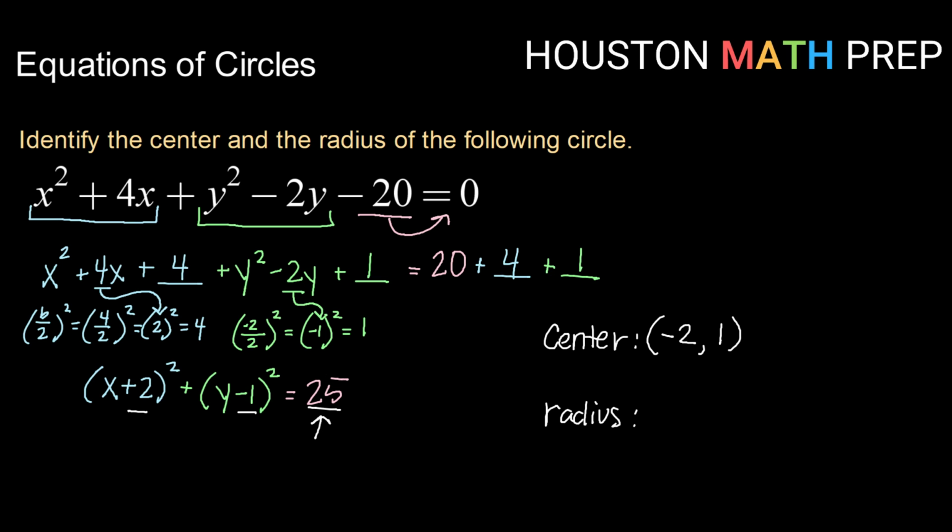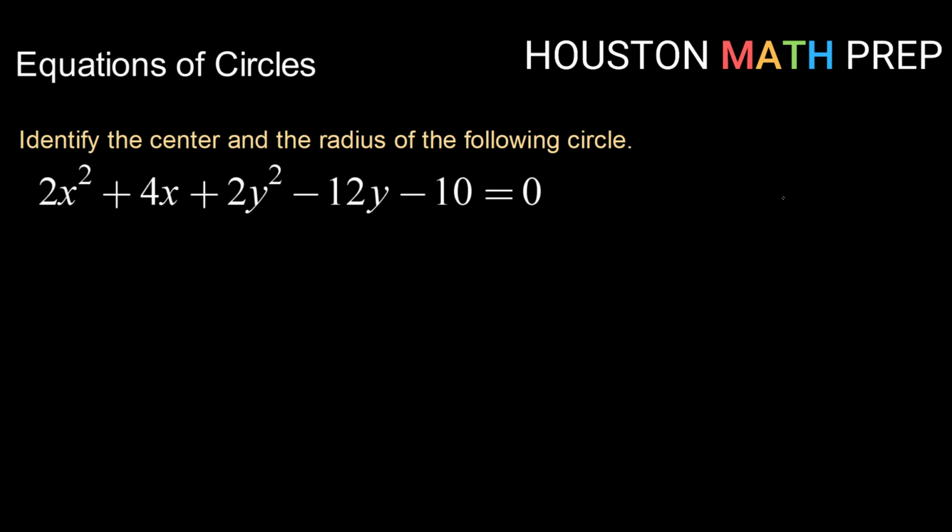My constant over on the right-hand side is r squared. My radius will be r, so taking the square root of 25, I get 5. So this circle has a center of negative 2, 1, and a radius of 5.